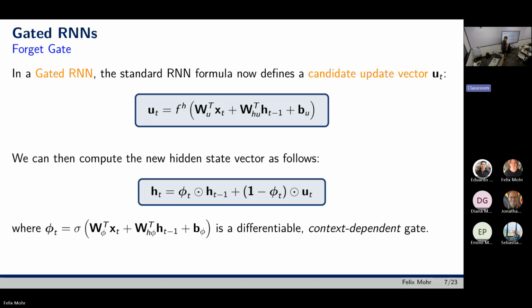Okay. Now, what's the gag here? And why is this something cool? Because now I can control this phi, which is the G, and we ask where does this G come from? So this gate here is a logistic function to have values between 0 and 1, but what does it depend on? Where do these gated values come from?